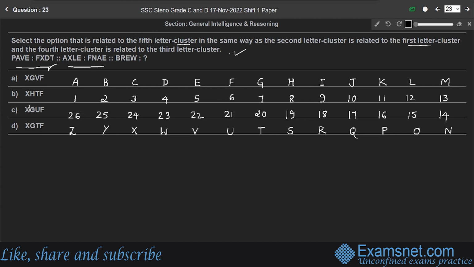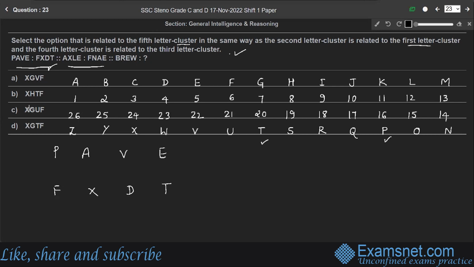For that, let us consider the positional values of each alphabet, like A as 1, B as 2, up to Z as 26. So we'll consider the word PAVE, P-A-V-E. This word is coded as FXDT. Here the relation between P and T: the positional value of P is 16, T is 20.